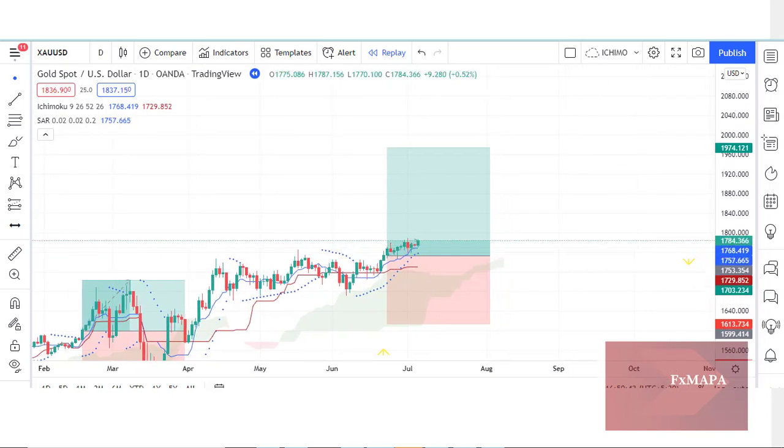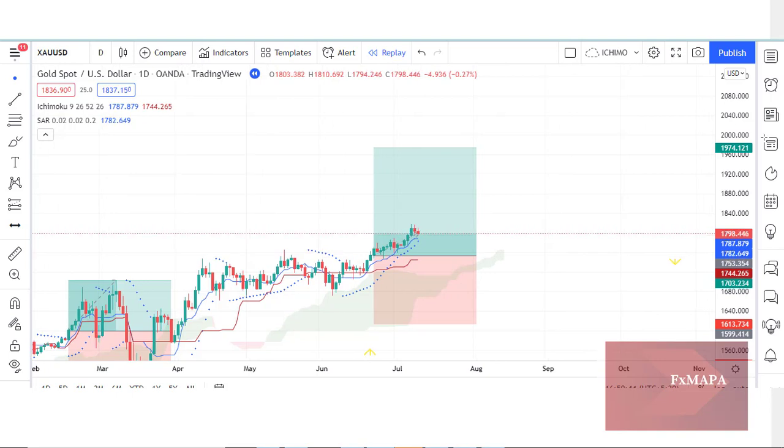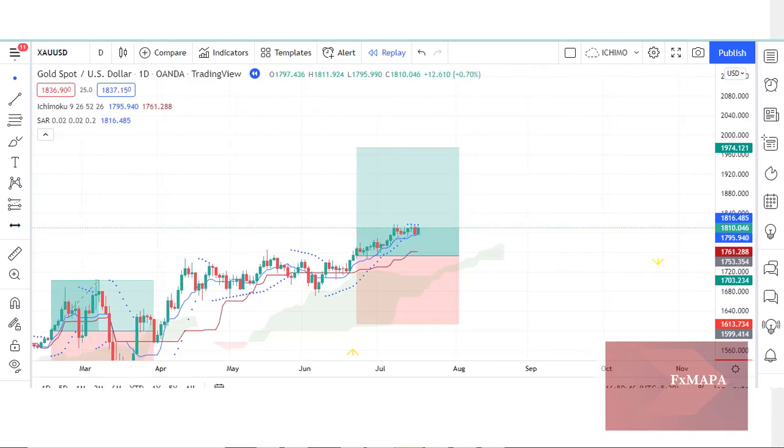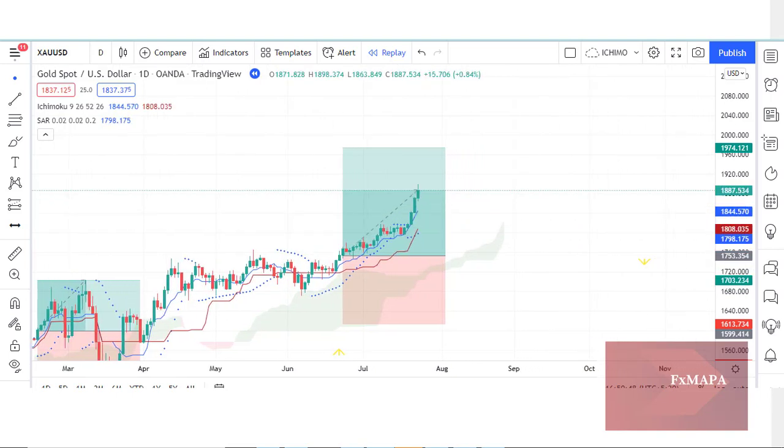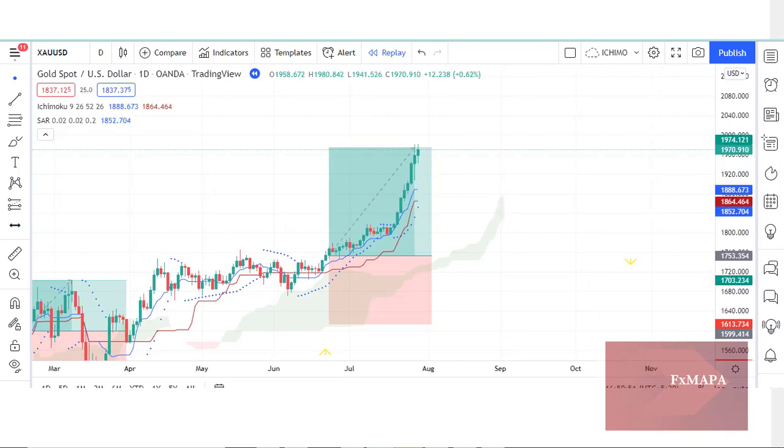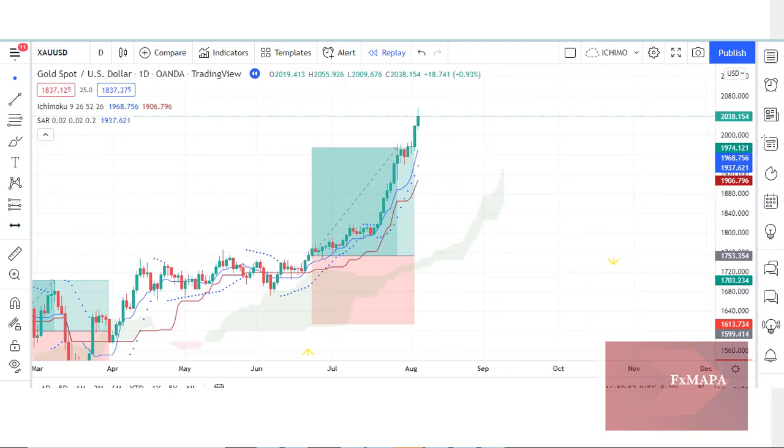Now our trade is running in profit. Now we have won the trade. Let's find the next trade available.